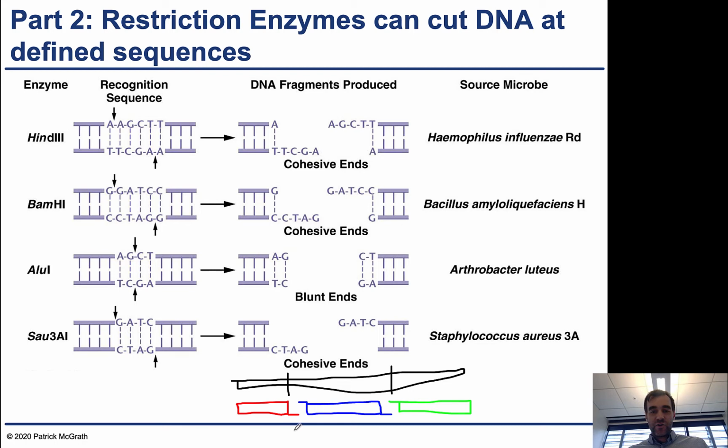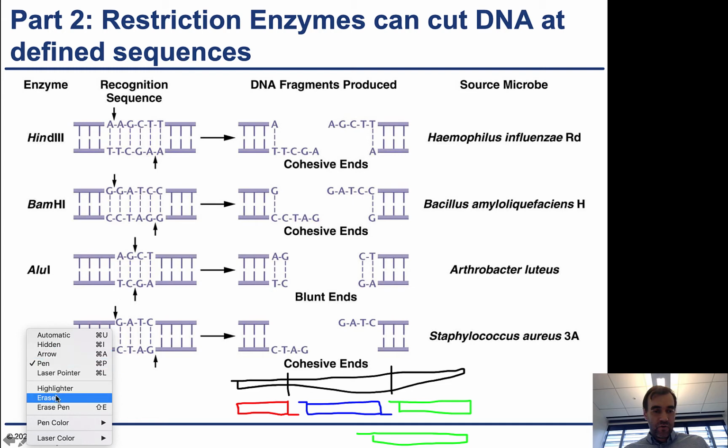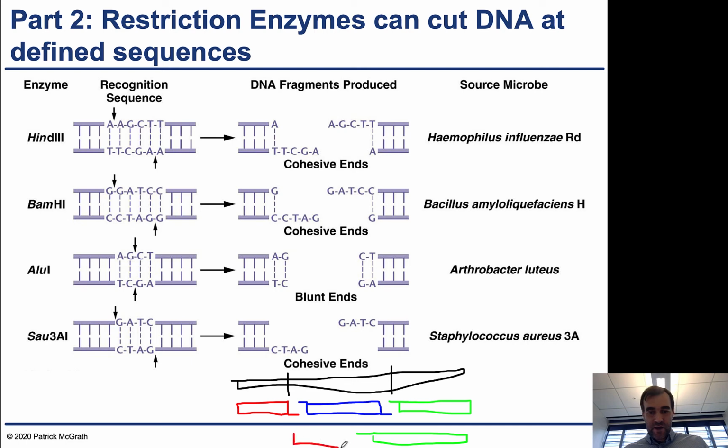What is useful from the sense of creating new combinations is that one of the possible ways these can come back together is in an order that is different. What do I mean by that? I mean that the first and the third piece can now come together because the ends of these are cohesive with each other.